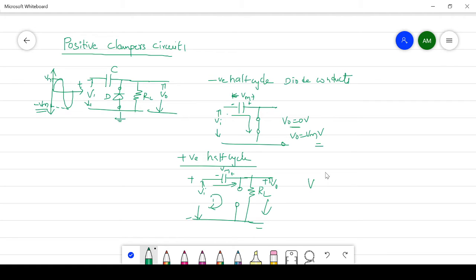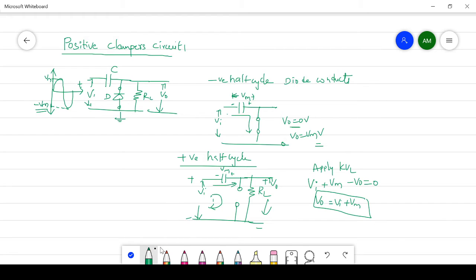Apply KVL: Vi plus Vm minus V naught. Whenever the current enters the negative terminal side, we get the positive voltage. So Vi plus Vm, it is a positive terminal, minus V naught is equal to 0. Then V naught is equal to Vi plus Vm.